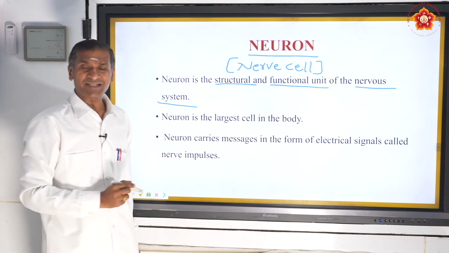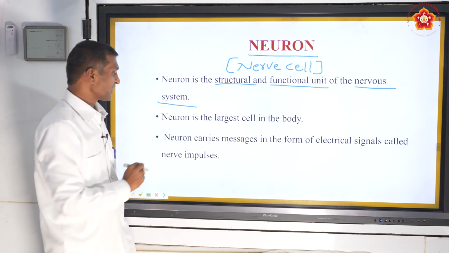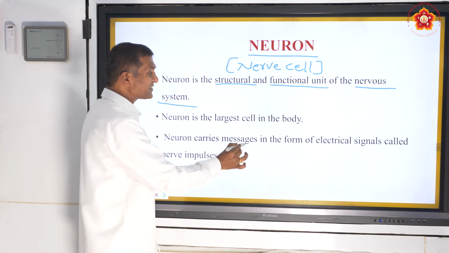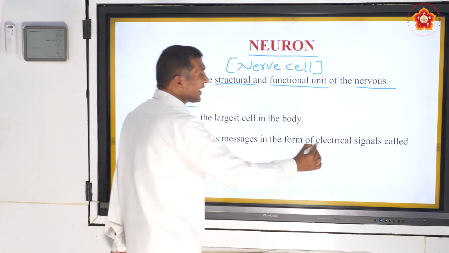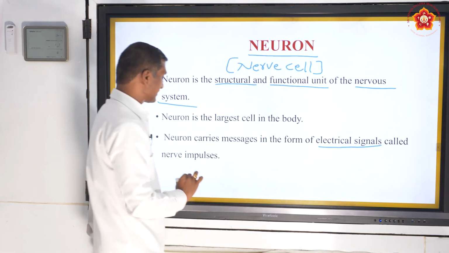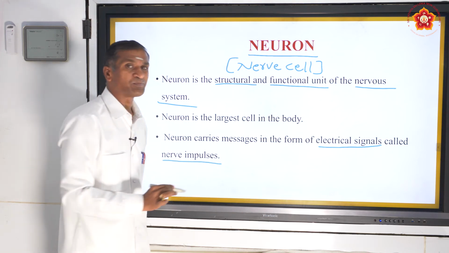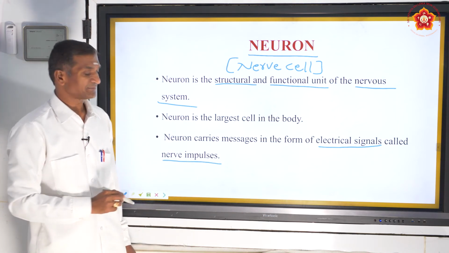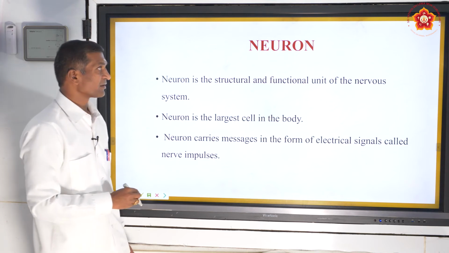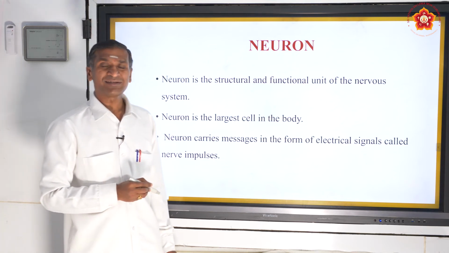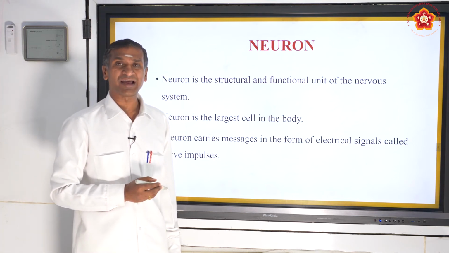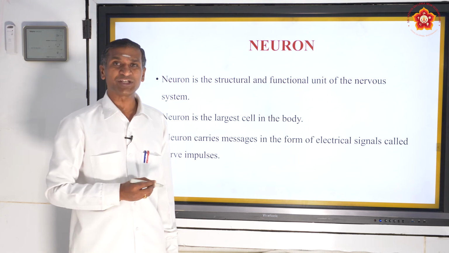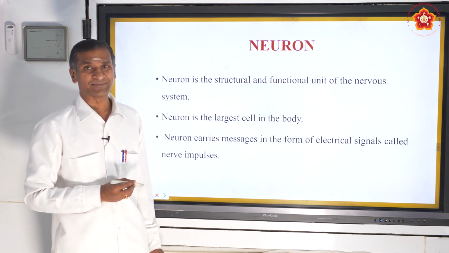Neuron is the largest cell in the body. Neuron carries messages in the form of electrical signals called nerve impulses. So neuron is a structural and functional unit of the nervous system.